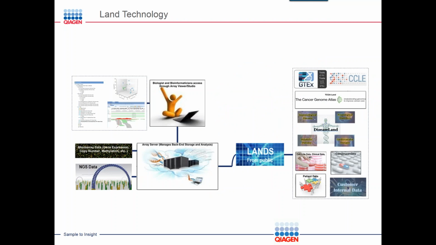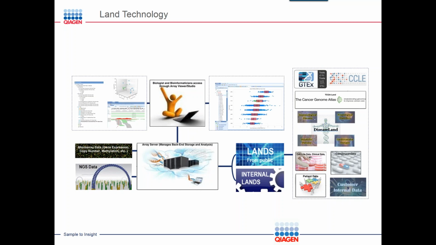exclusively on the LAN technology for the last few years. So the LAN technology takes the public data and sometimes internal data as well, and puts this into a LAN database so that all the internal data and public data can be integrated together.